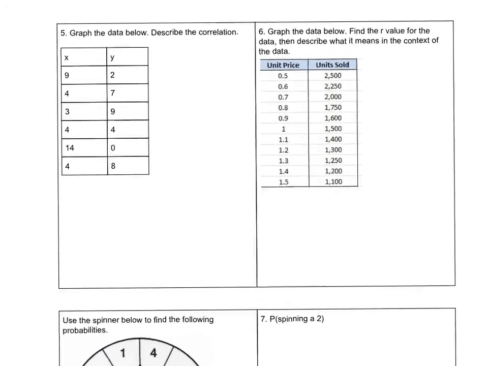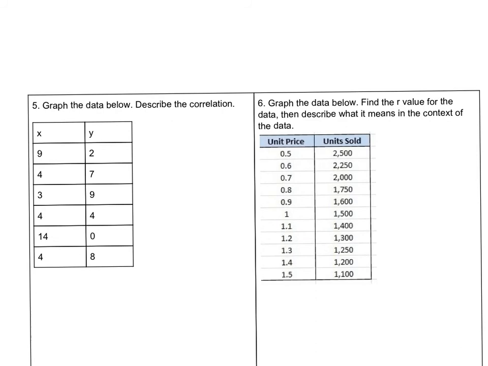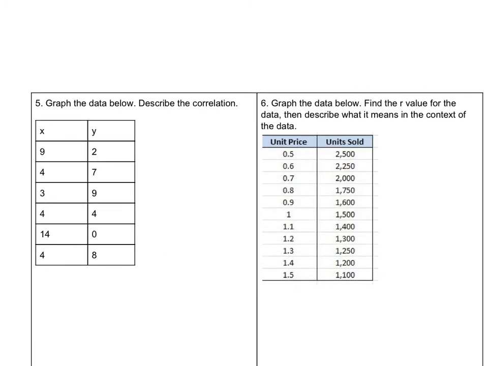So next we're going to take a look at correlation coefficient. So for 5 and 6, you're going to want to use Desmos, and you're going to put each table in. So we're going to go to Desmos, and in order to insert a table, we want to use that plus button in the top left.